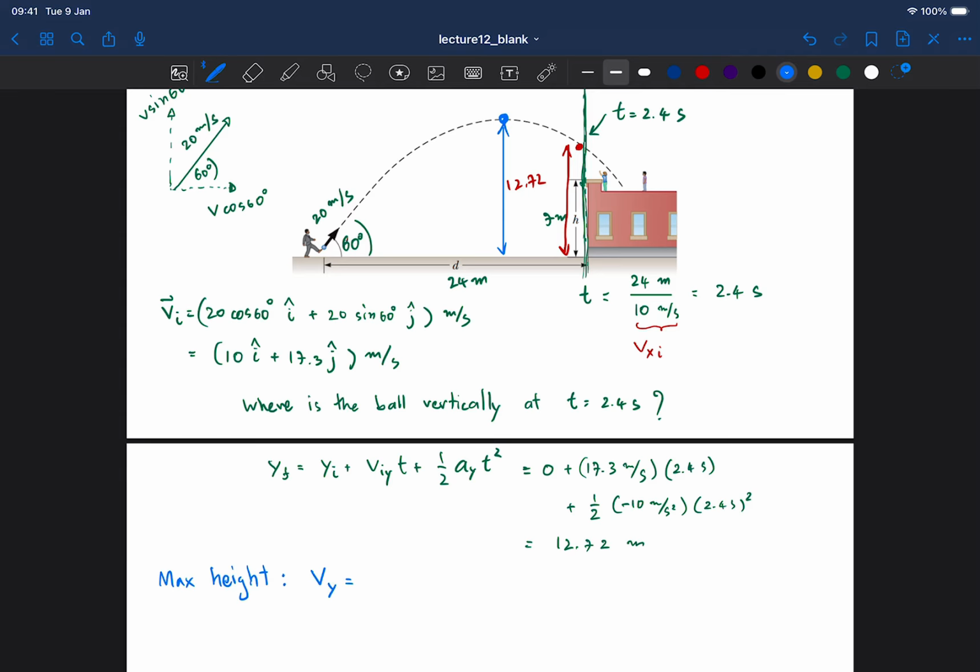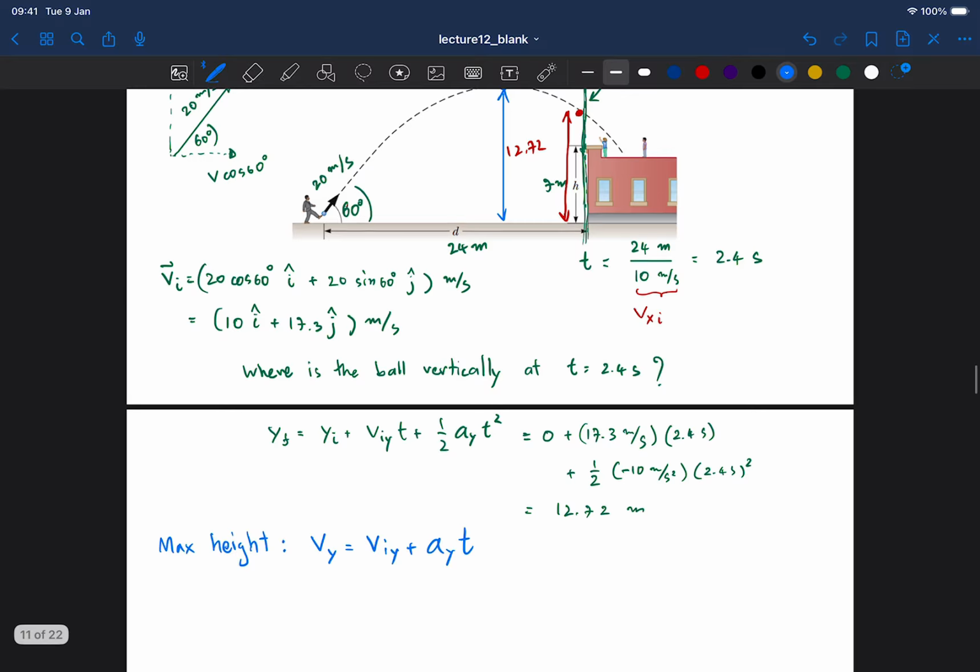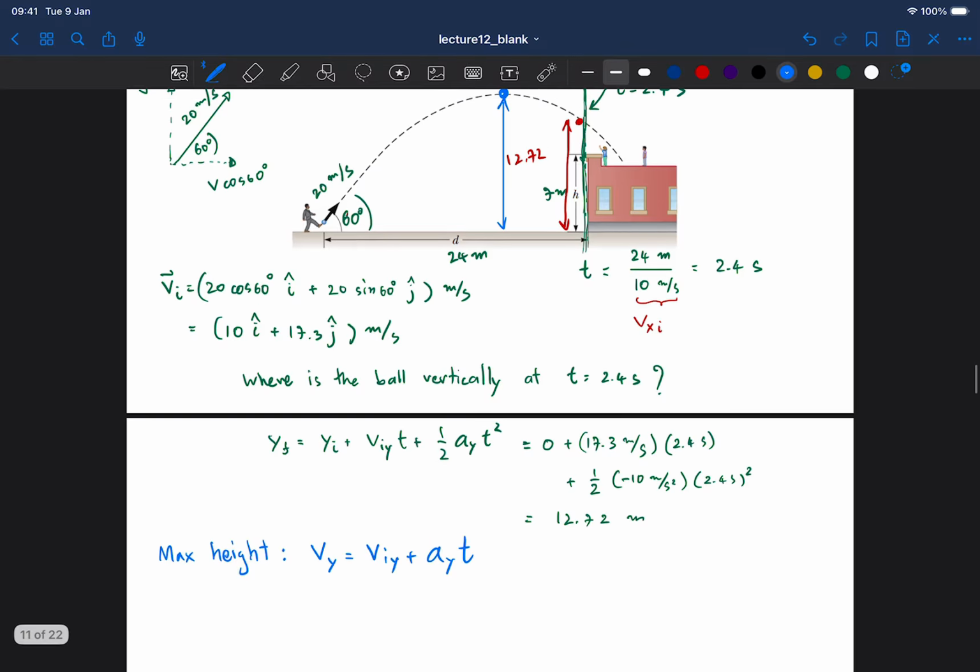Vy equals Viy plus ay t. This equation gives you the value of the velocity in the y component at each time.